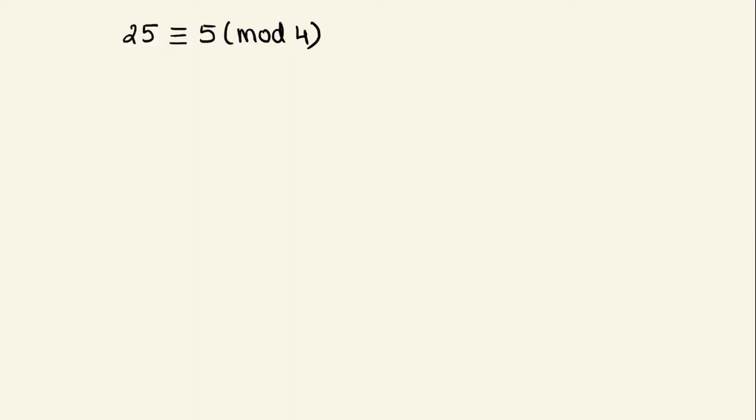Now I have written 25 is congruent to 5 modulo 4. So let us check whether the definition here is satisfied or not. The one number is 25, the other number is 5. 25 minus 5, if we divide this by 4, we get 20 divided by 4, which is equal to 5, which is an integer.